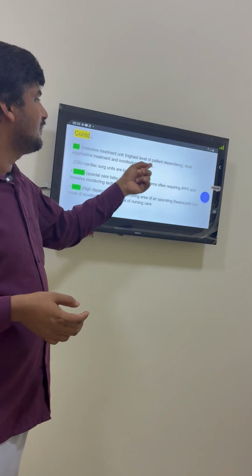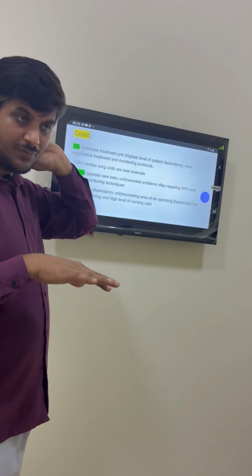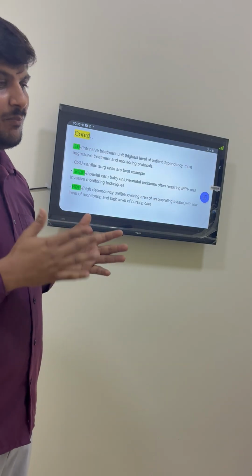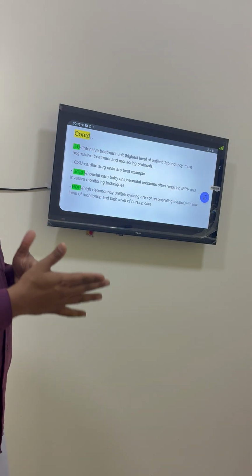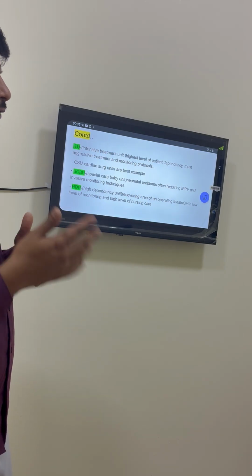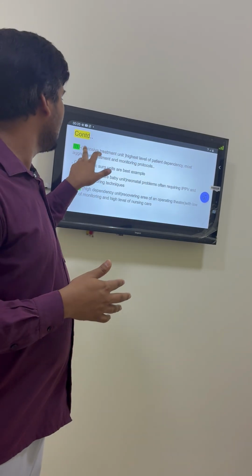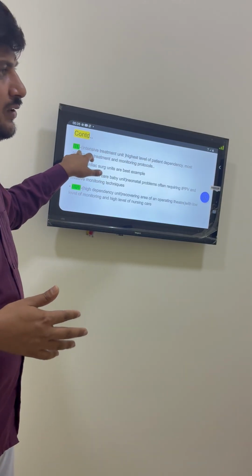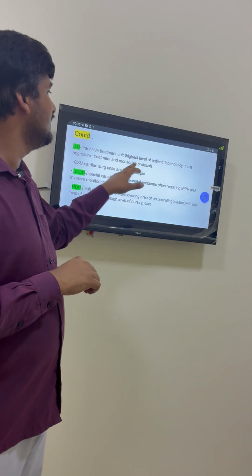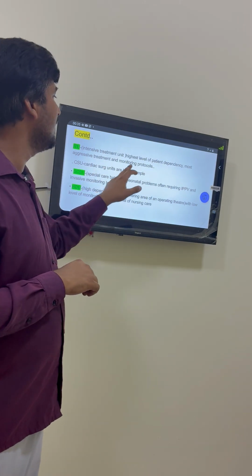Usually ITU is the highest level of patient dependency, where patients are very critically ill and patient acuity is high. For critically acute patients, there will be 2 staff for one patient, and the most aggressive treatment and monitoring protocols.